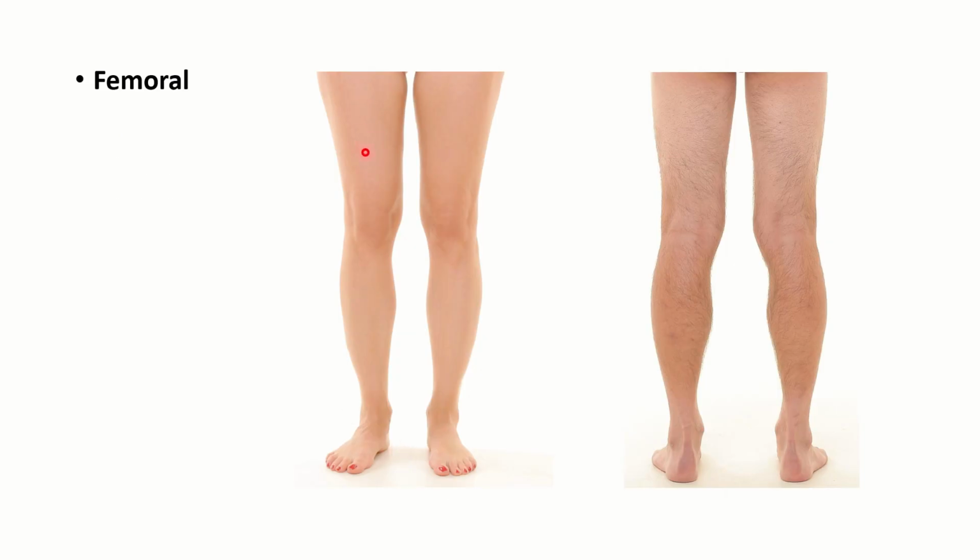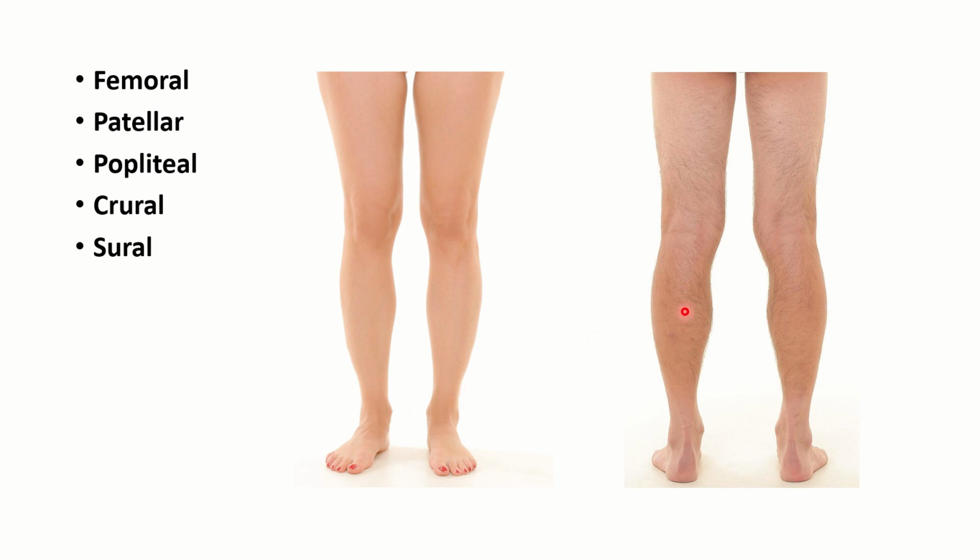Femoral is the thigh area. Patellar is the kneecap, so anterior in the knee area. Popliteal is the back of the knee. Crural is the shin, anterior part of the leg.